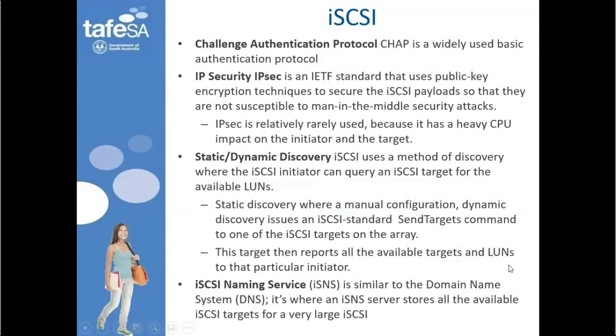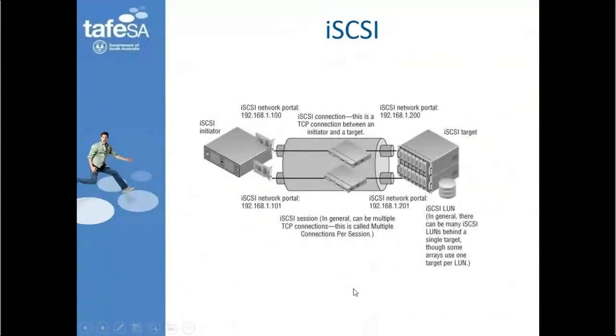The target then reports all the available LUNs. And there's also an iSCSI naming service, a bit like DNS, called iSNS, which resolves those iSCSI names into IP addresses. So all you have to think is, I don't need to worry about the names. As long as there is a name, the system will work.